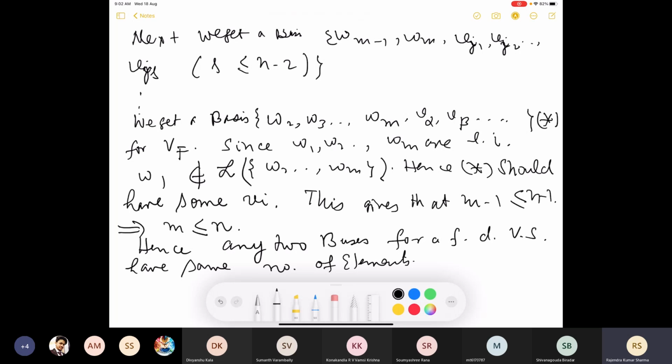Now, once it has the same number of elements, this number becomes unique, and this number of vectors in a basis for vector space V over F is called the dimension of the vector space V.